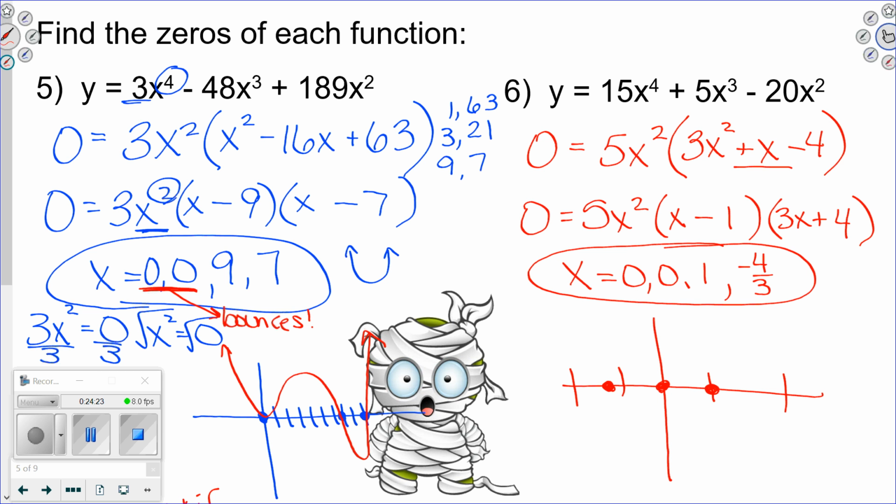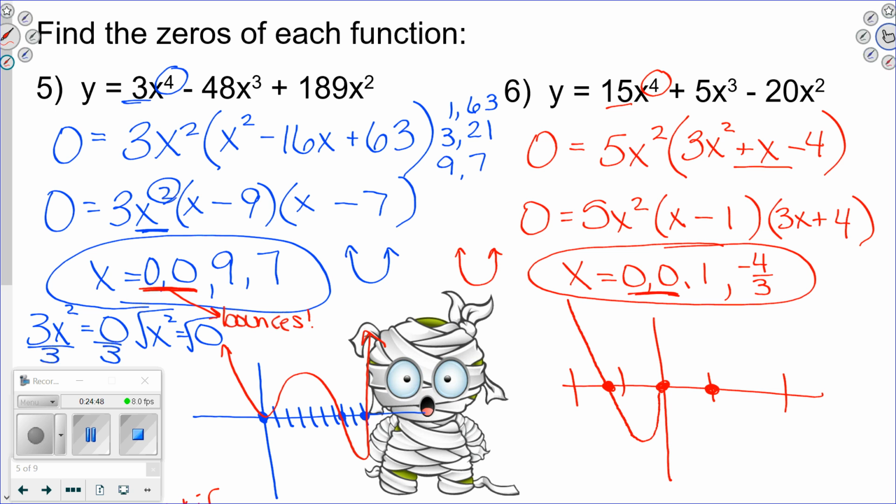All right, what's the end behavior? What's that look like? Go back to the beginning. Even and positive. That's a smiley face. So I'm going to start up. And what do I need to make sure I make note of? It's going to bounce off of those zeros. So starting up, it's going to cross here.